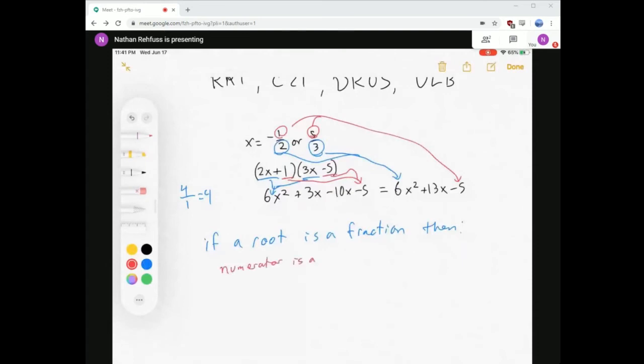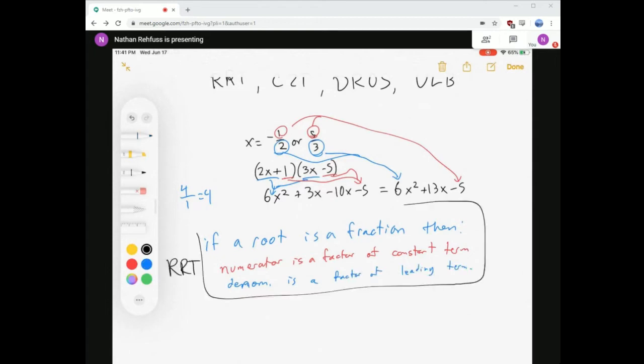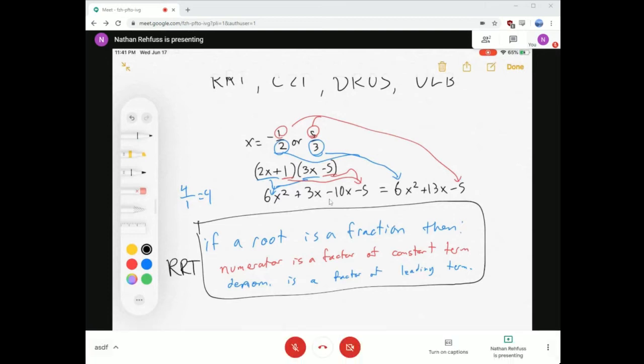The numerator is a factor of the constant term, and the denominator is a factor of the leading term. This is the rational roots theorem. It tells you basically what I just wrote here. By the way, I love how much this looks like a veins and arteries diagram. That wasn't intentional. But all right, let me show you an example.